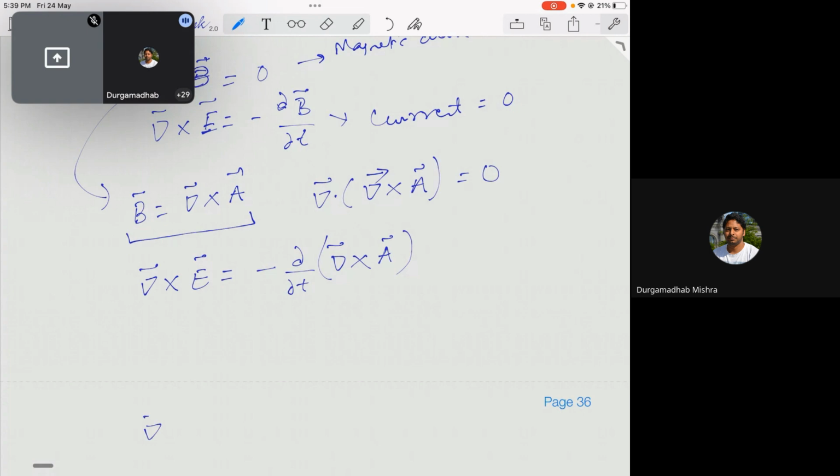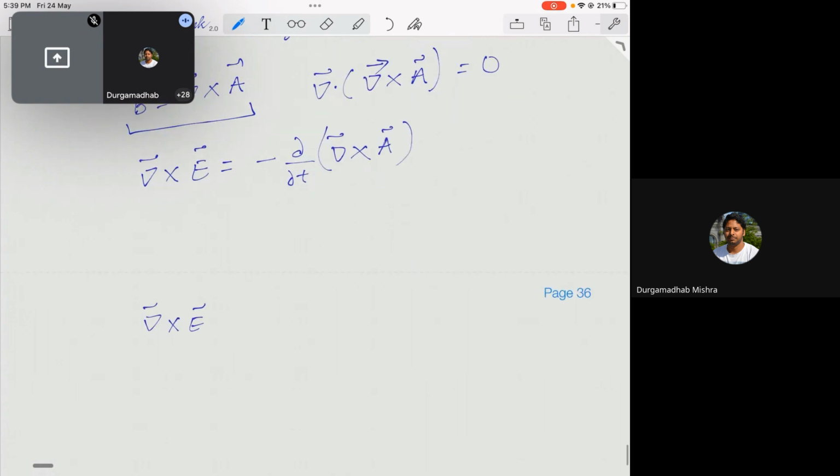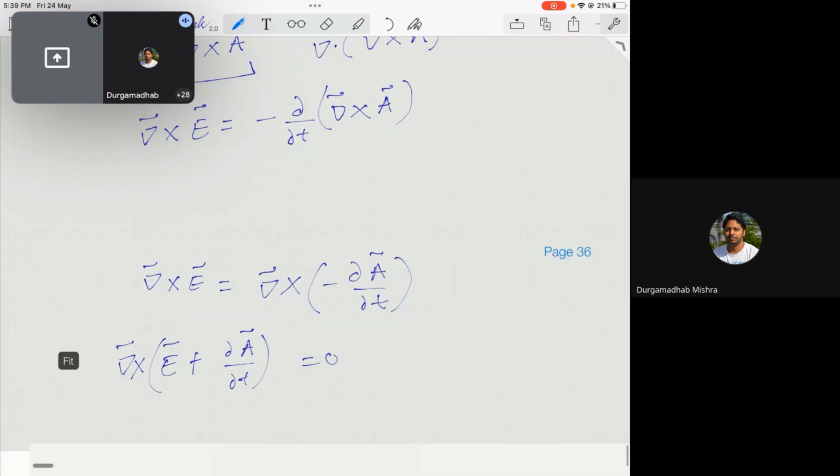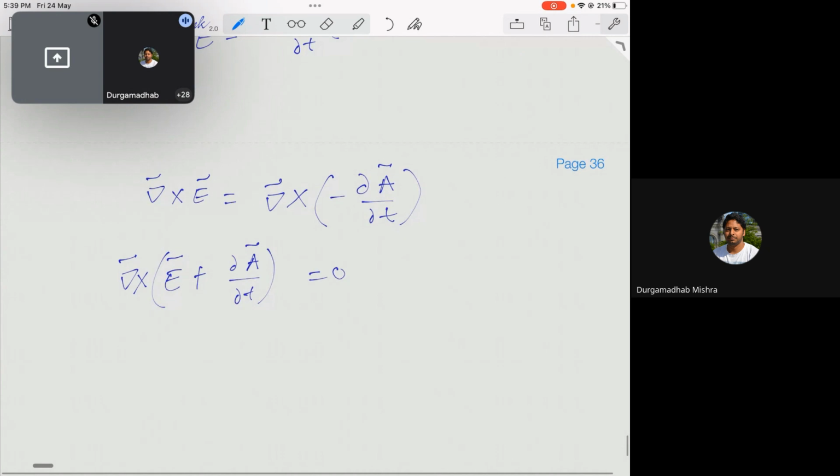So I can write curl of E is equal to curl of minus del A by del T. And so I can write curl of E plus del A by del T equal to 0, just taking everything to the left hand side. Okay, so this is fine.